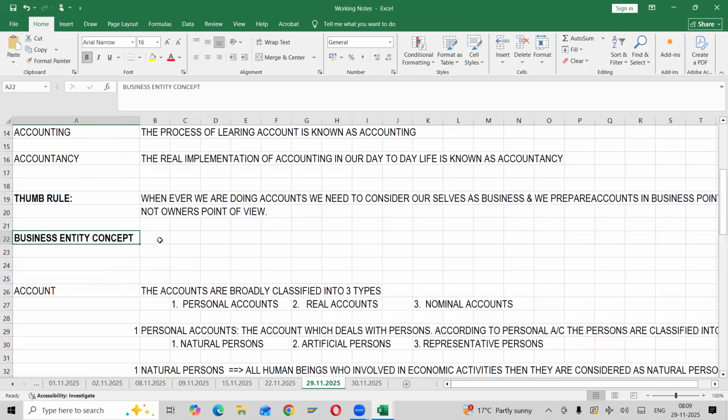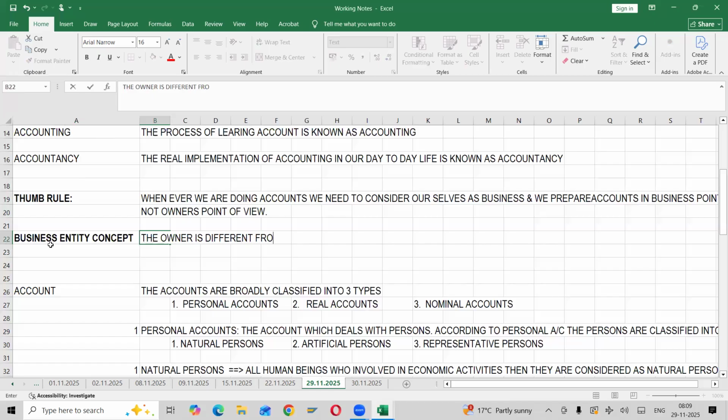What is business entity concept? It is nothing but that the owner is different from the business. Clear? What do you mean by this?